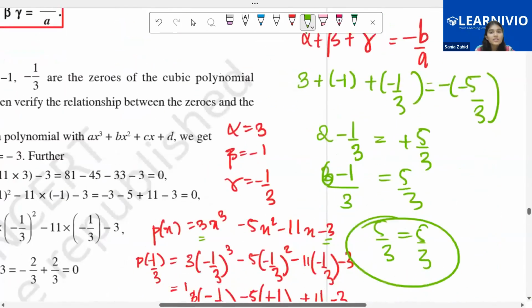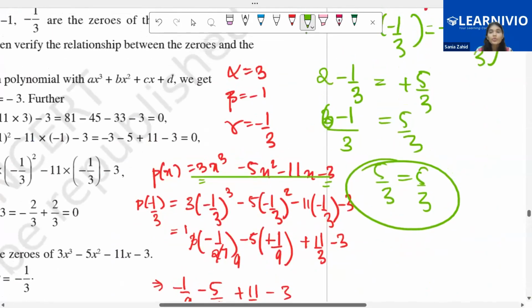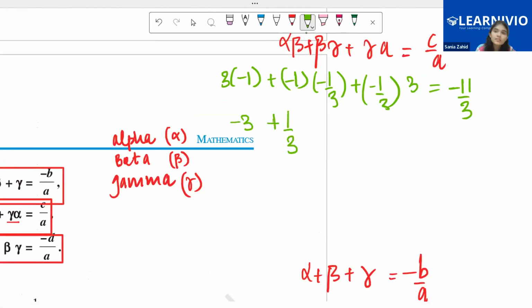Now what is C? Can you tell me from this polynomial what is C? C is minus 11. Negative 11 over 3, you should get. So -3, positive 1/3, then -1 should give you negative 11/3.